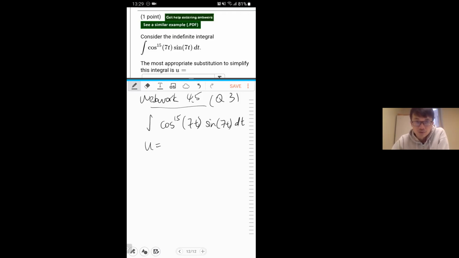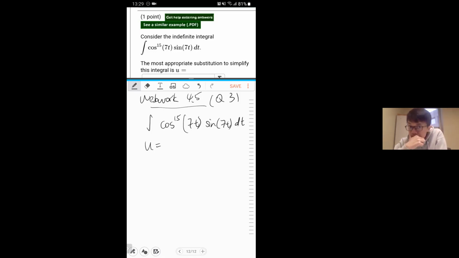So what do you think a good u function can be? We said in the beginning that the u you're going to pick is going to be inside another function. That's one option. The second option is it's such that the derivative shows up somewhere in the integral. And you have cosine and sine, right?